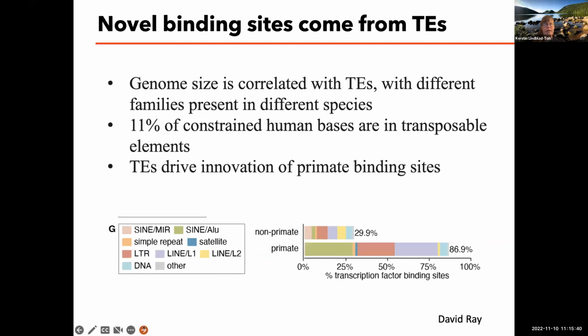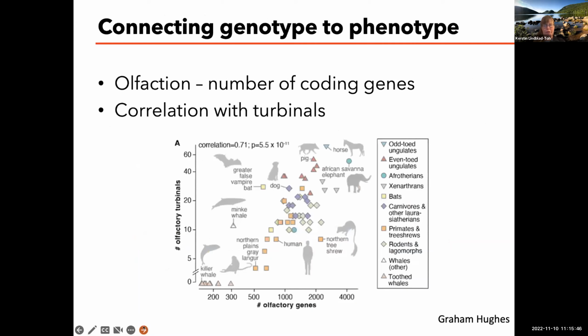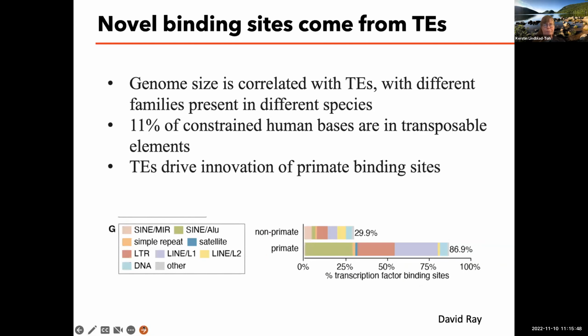And intriguingly enough, when we look at our constraint positions, we see that 11% of these are in transposable elements. And we see that the TEs that drive innovation are primarily in primate binding sites. You can really see here at the bottom that there is evolution based on TEs in primates and therefore hence in the human genome.